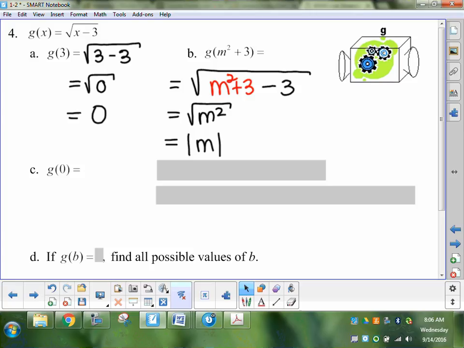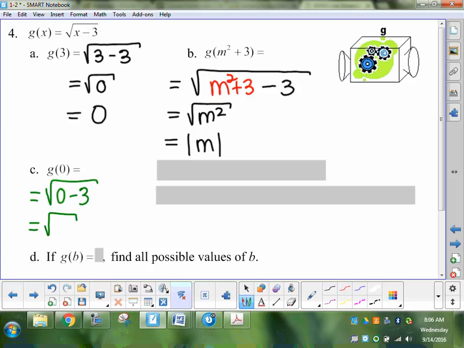Go through right now. Well, we'll try this one. For G, you've got the square root of 0 minus 3, which would be the square root of negative 3. As of now, that doesn't exist.